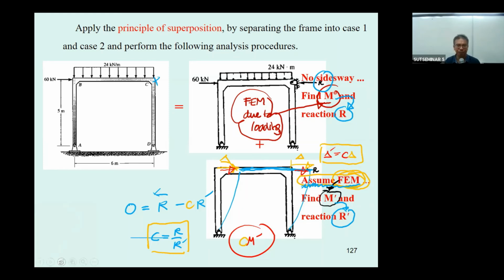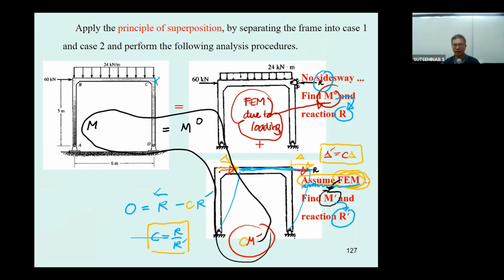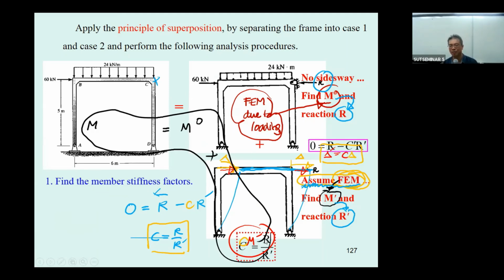And now, the moment here is going to be equal to M super naught here, and then plus this one. So we have this equation, and then you have the end moment of the frame. Okay, we have this one for what the problem should be. And let us go back. When we talk about the K, again, what should we do?